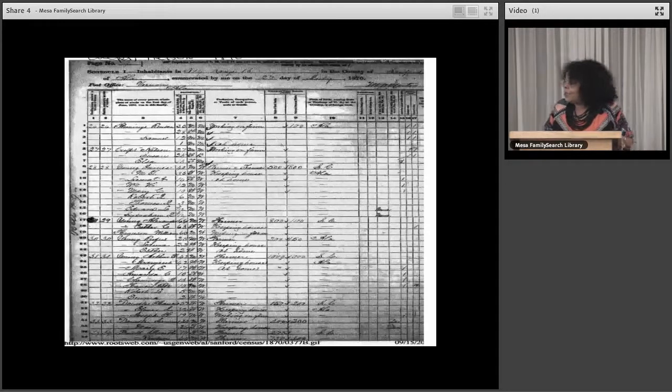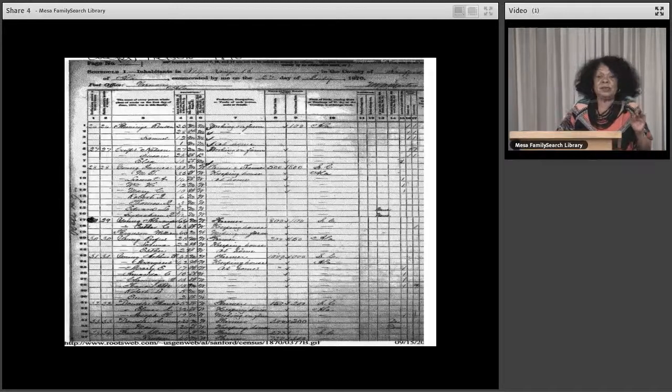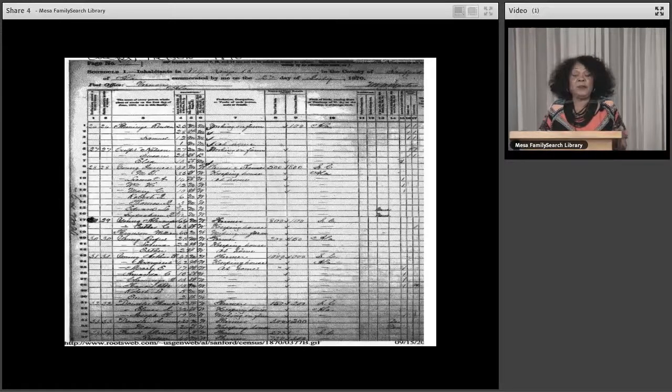Here we're looking at some of the census records, and occasionally you'll find some that you can really read and they're clear. Many of them are going to look like this or even worse. When you order your census forms or you download them, look at the columns to see what information is pertinent to your research.